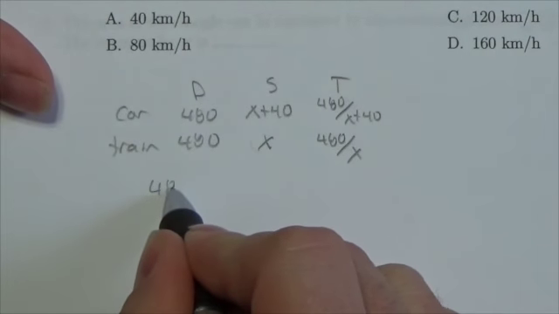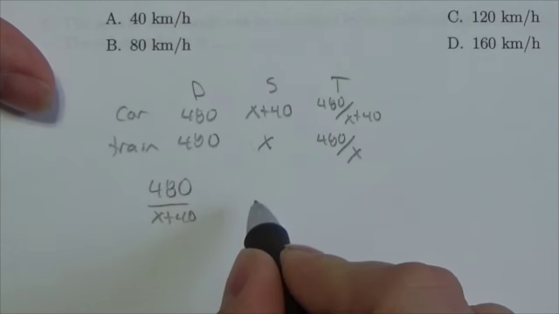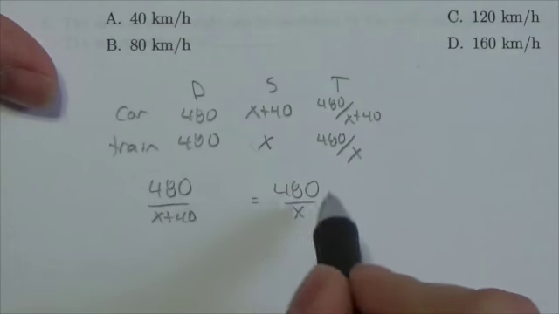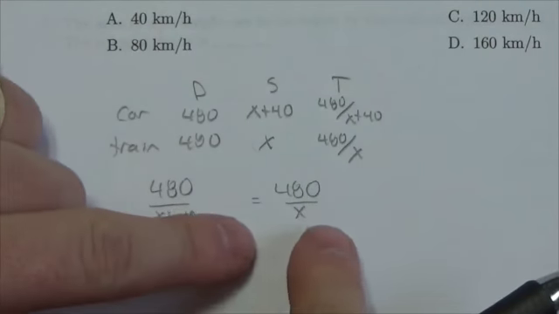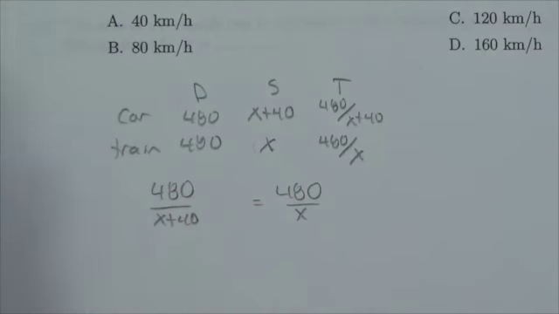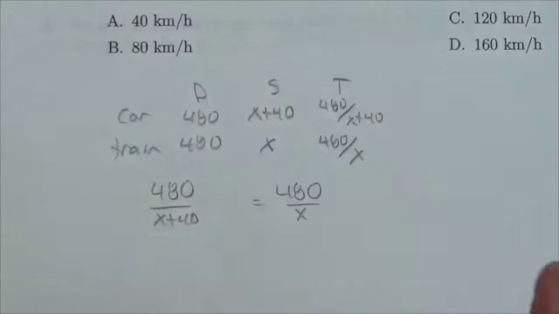So we've got 480 over X plus 40. This is the amount of time it takes the car to get there. 480 over X. This is the amount of time it takes the train to get there. Now, where am I going to add the extra time? Most of the time when people make a mistake here, they add the time to the train. They think, well, the train is slower, it's taking more time. But it naturally takes more time.